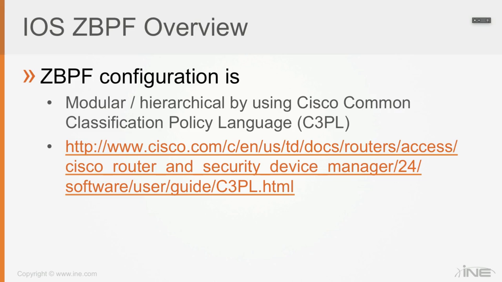It's modular because the matching of the traffic is very specific, very modular. And it's hierarchical because we're going to be able to build a hierarchy of firewall inspections using zone-based policy firewall. Configuration wise, it is based on Cisco Common Classification Policy Language, or C3PL. C3 meaning 3 C's, Cisco Common Classification Policy Language.